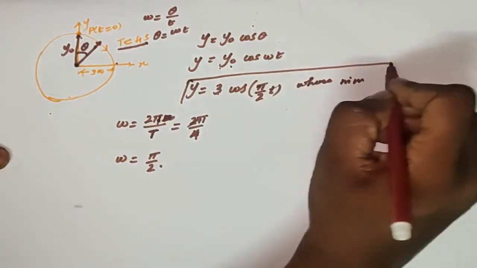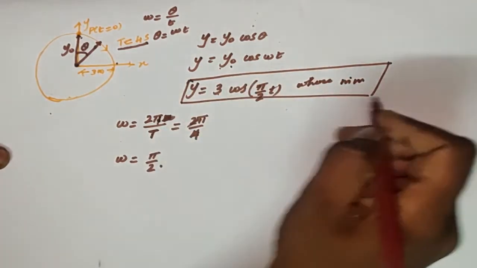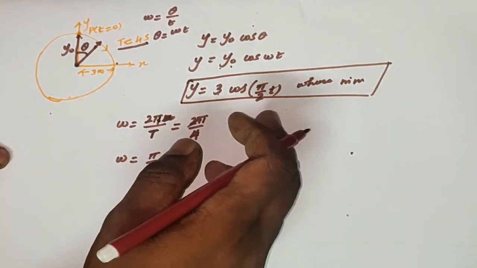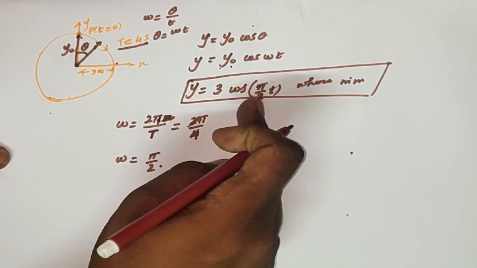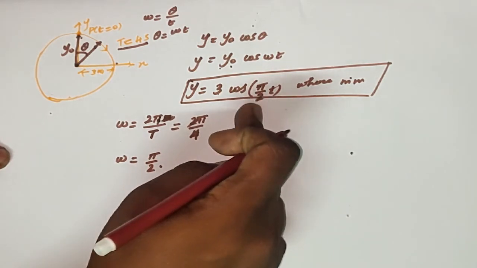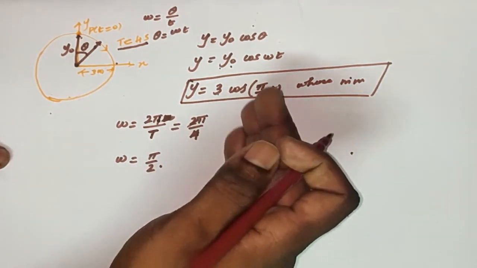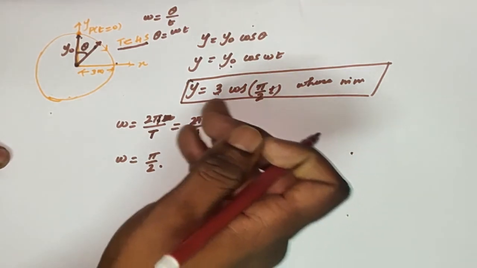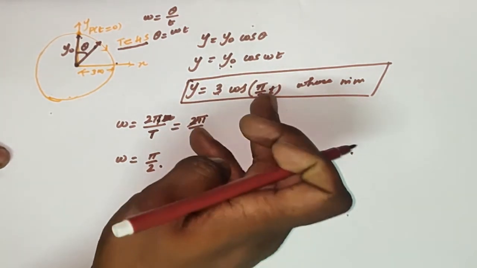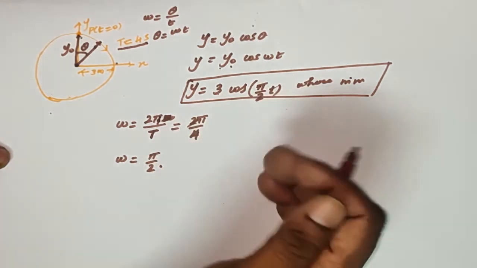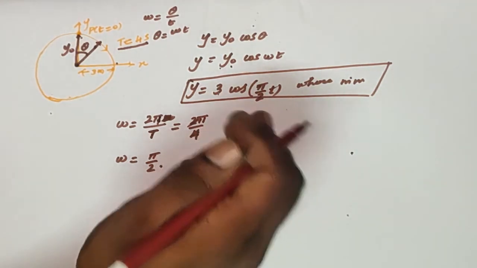So this would be the best representation for the y projection of the radius vector along the y-axis. You can say that on the y-axis the radius vector projection is y equal to 3 cos of pi by 2 times t. This would be the best answer.